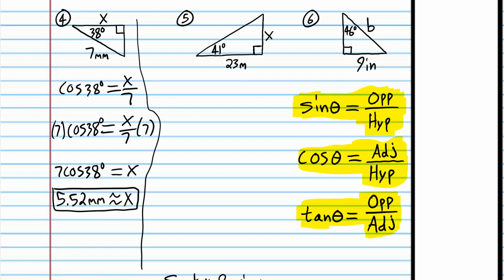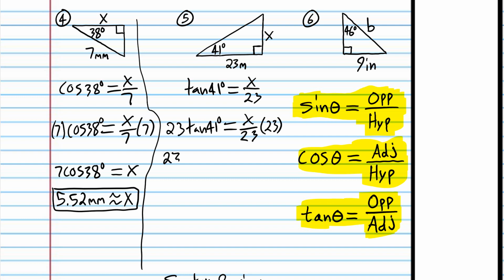All right, we're back. Using 41 degrees as a reference, we have the opposite side and the adjacent side. So opposite and adjacent, that's tangent. Tangent 41 degrees is equal to the opposite over the adjacent. As usual, we're going to multiply both sides by the lowest common denominator to get rid of that fraction.